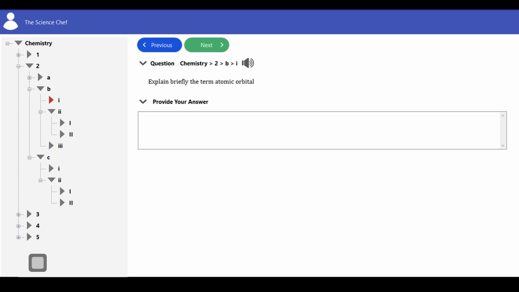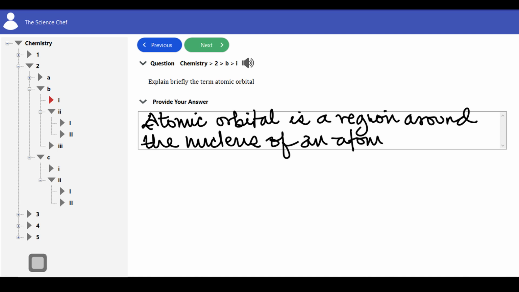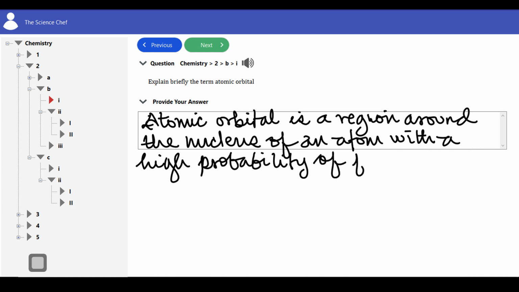Question 2b. Explain briefly the term atomic orbital. Now, atomic orbital, as proposed by Schrödinger, or the wave mechanics model of an atom, is a region around the nucleus of an atom with a high probability of finding an electron.